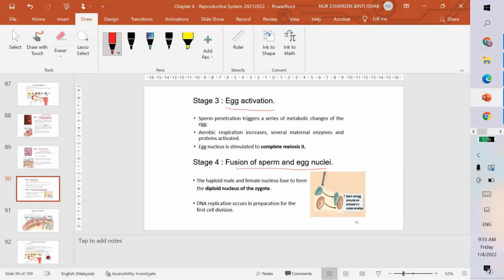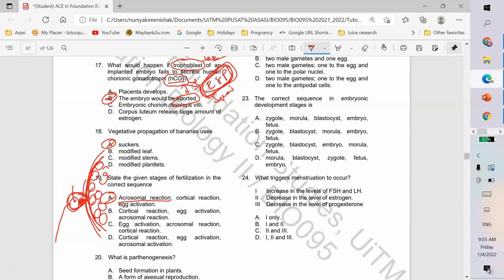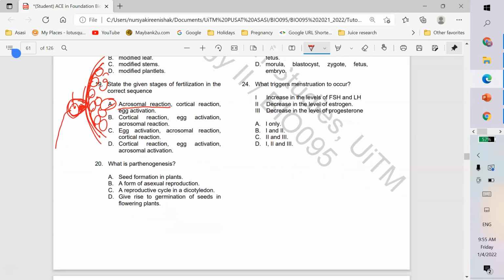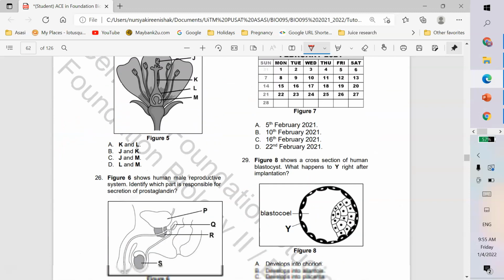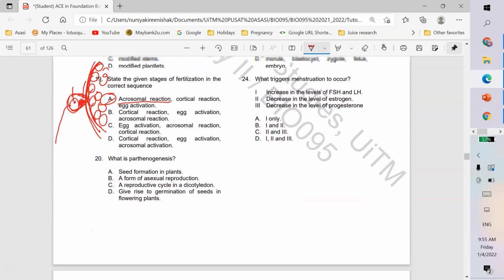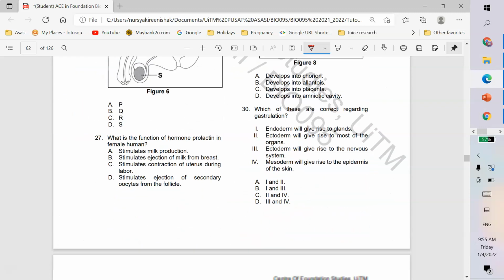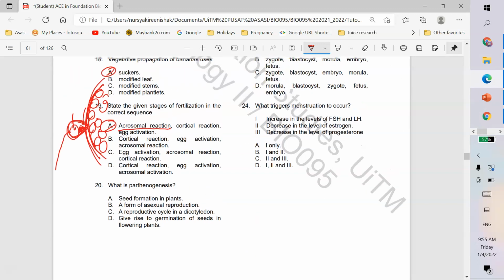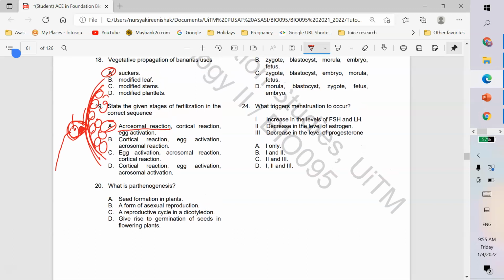Okay, so you have to know the explanation for each of the stages. Ini dia keluar dalam bentuk objektif. Kalau dia keluar dalam bentuk structure, maybe the question can ask you to explain on each of these stages. Okay, so kita spend masa sikit boleh tak untuk kita habiskan sikit lagi, can or not? Boleh. Sebentar je. Sikit je.